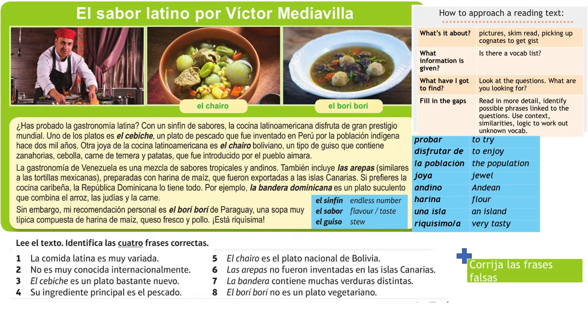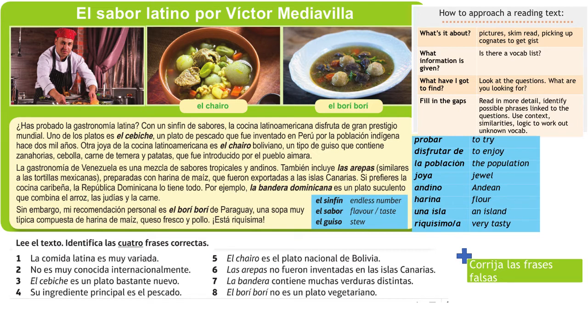Now they say this, otra joya, another jewel, de la cocina latinoamericana es el jairo boliviano. Okay, so it calls it Bolivian jairo, but it doesn't actually say it's the national dish. So this one is falsa. El jairo es un plato de Bolivia. It's a dish from Bolivia, but it's not the national dish.